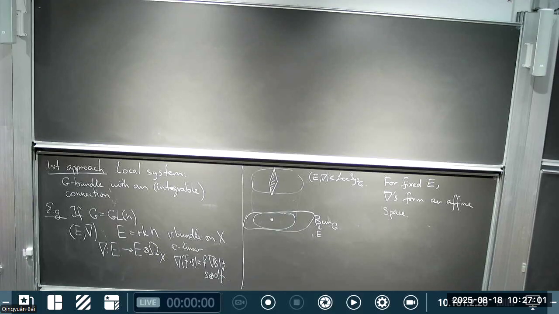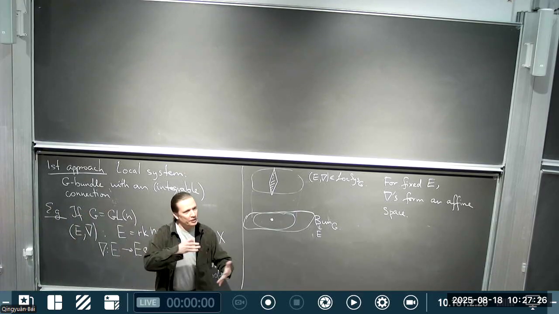Before we move on to the second approach, let me say some things that maybe are easier or can be approached classically. So, what are some of the properties of this space of local systems?